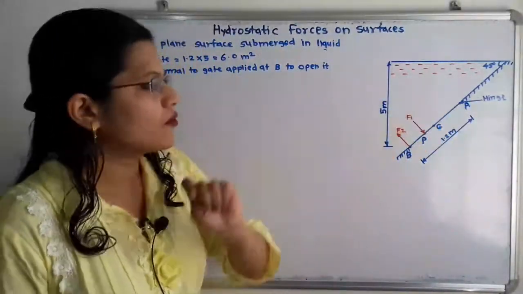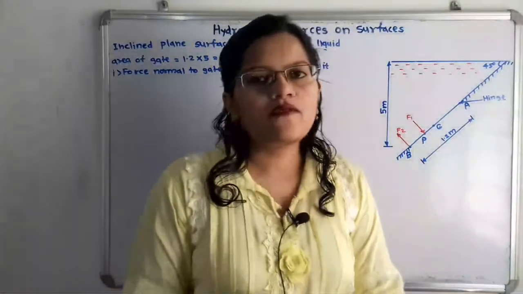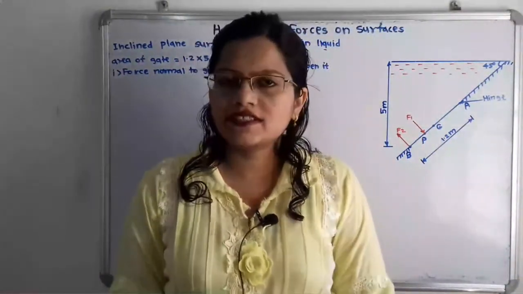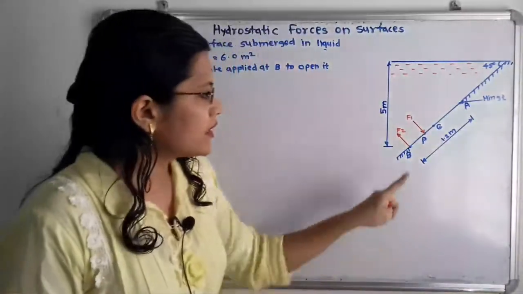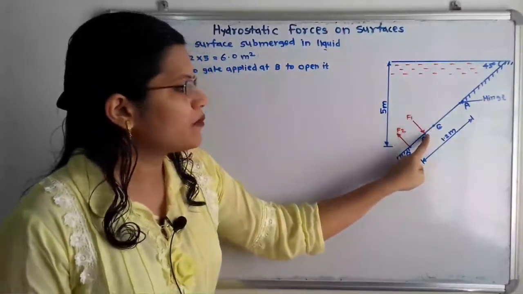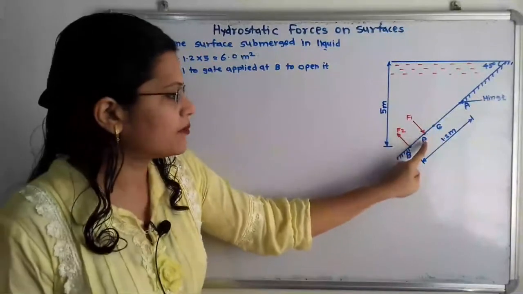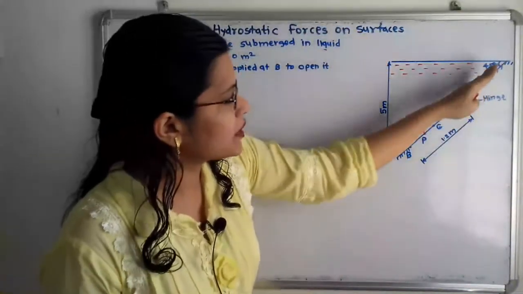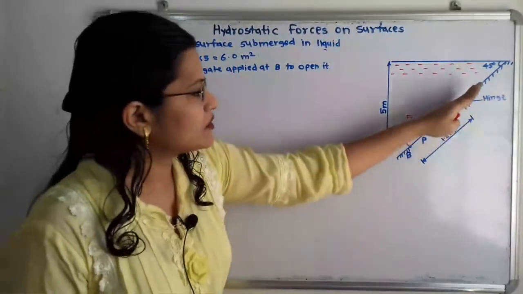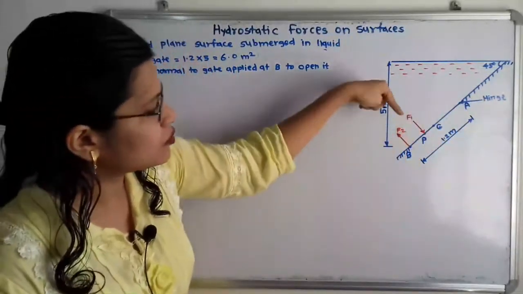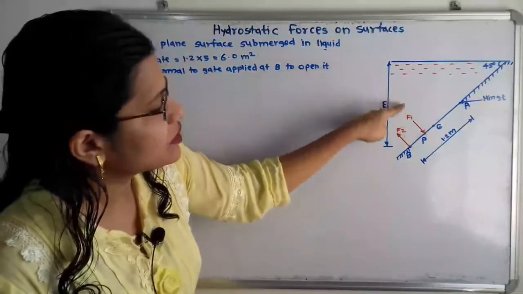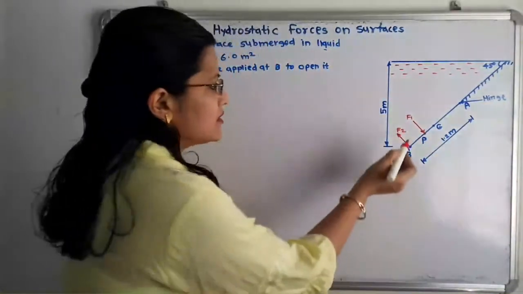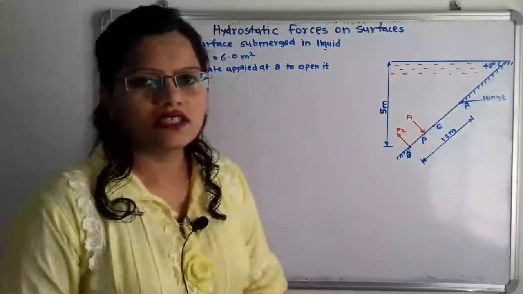The point of application of this total force is known as the center of pressure P. Below the center of gravity point we show the point P, and at this point, in the downward direction but perpendicular to the gate AB, because the gate is inclined, we show this force F1.